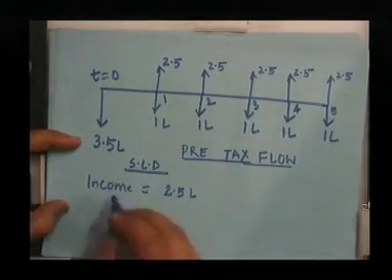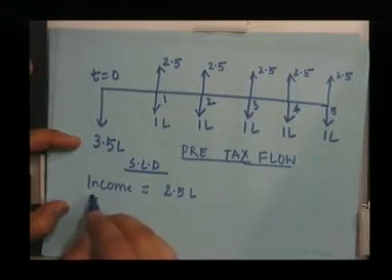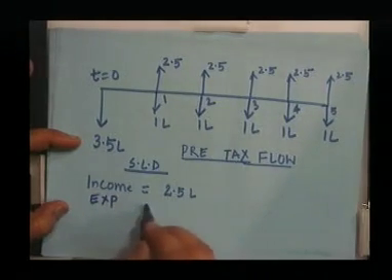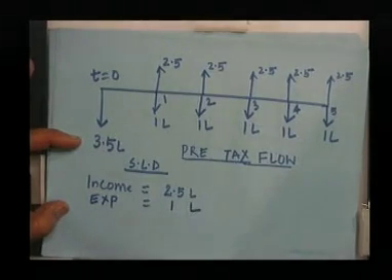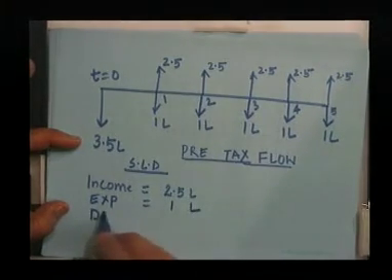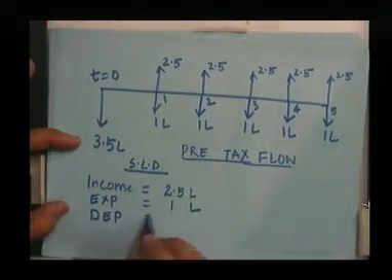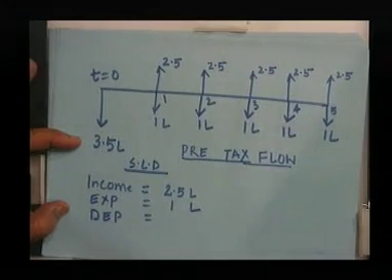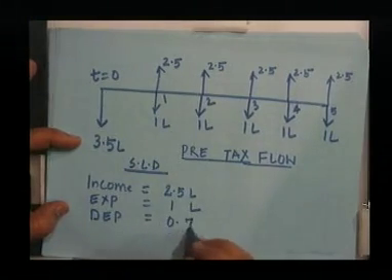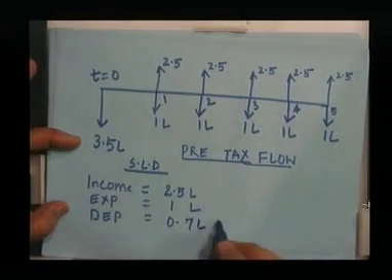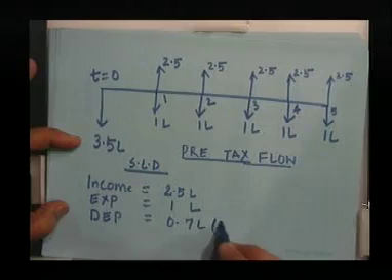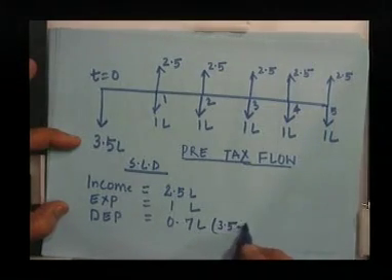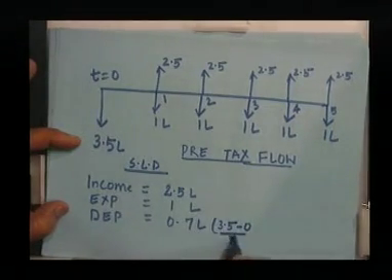My expense is 1 lakh. The depreciation that I have calculated is, how much depreciation would it be? 0.7 lakhs. From where have I got this? 3.5 minus 0 divided by 5.